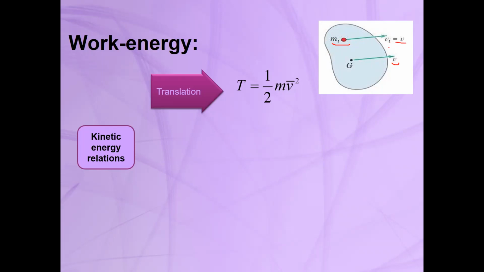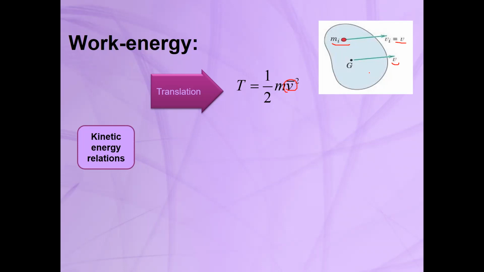This v, or v bar, is the velocity of each point on this rigid body, because this is a translational motion.